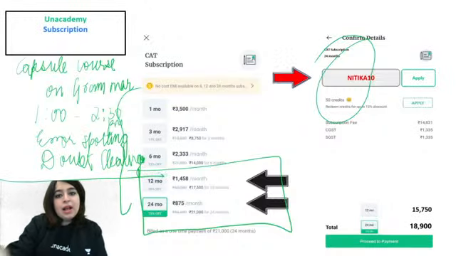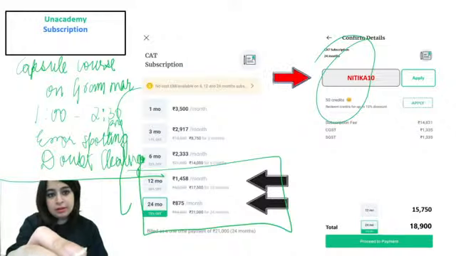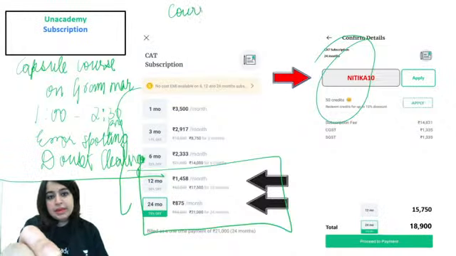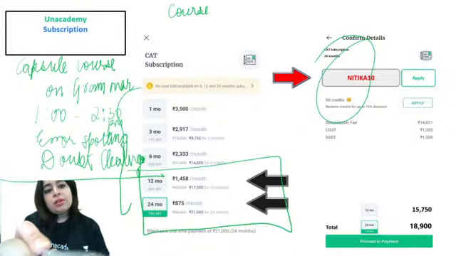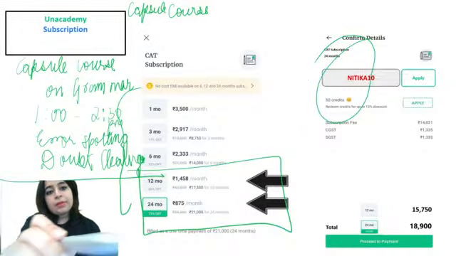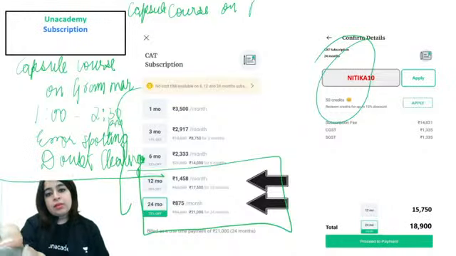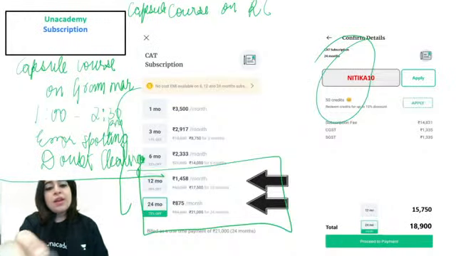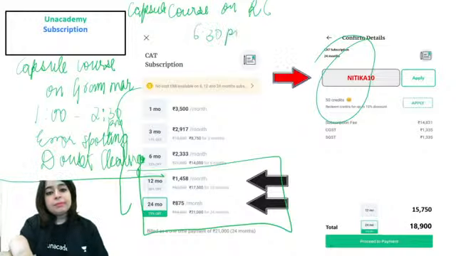In case you have missed any class in the capsule course on grammar, you will be able to attend that as well. Other than that, the present course which we were taking a class for right now, the capsule course on CAT reading comprehension, will take place from 6:30 p.m. to 8 p.m. tomorrow.